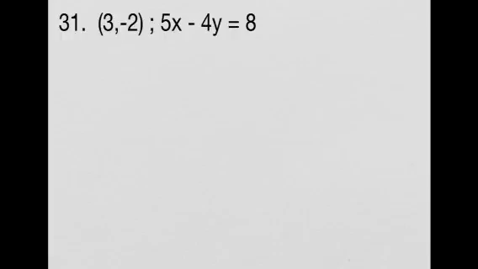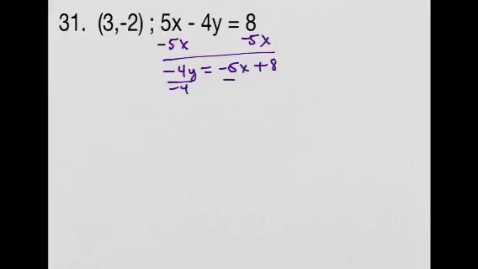So let's go ahead and find the slope by isolating the y in this equation. So we subtract 5x. So then I have negative 4y equals negative 5x plus 8. Divide by negative 4.